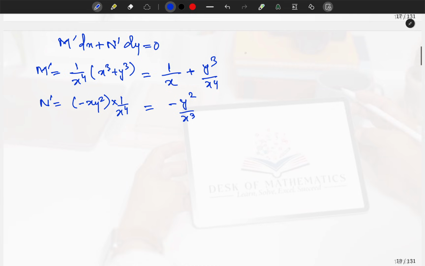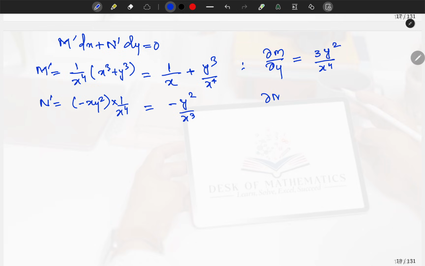So what you will do, you have to check. If you check dou M dash by dou y, it will be equal to 3 y squared over x to the power 4.